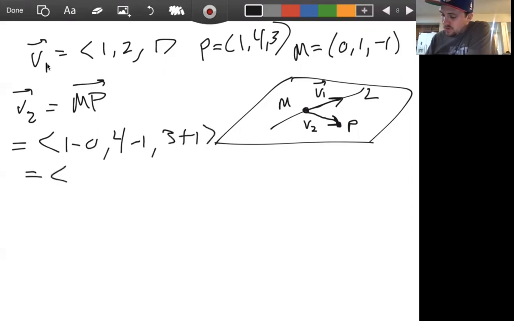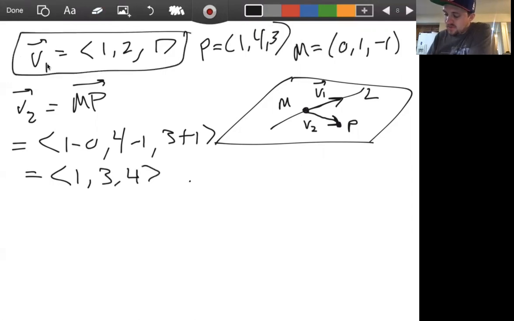So V2 is then (1, 3, 4). So now we have V1 and we have V2.